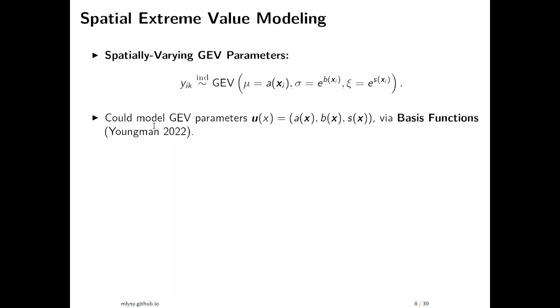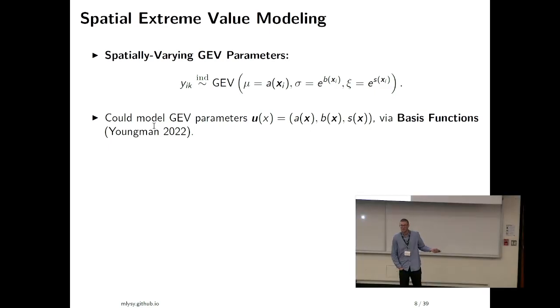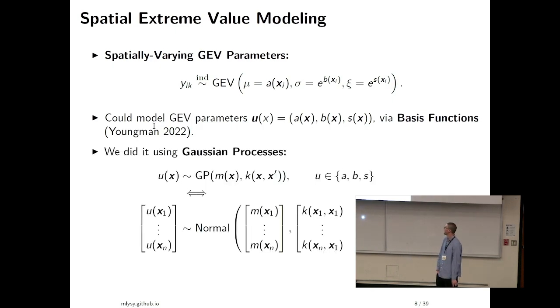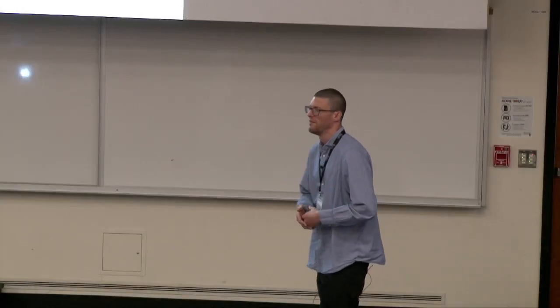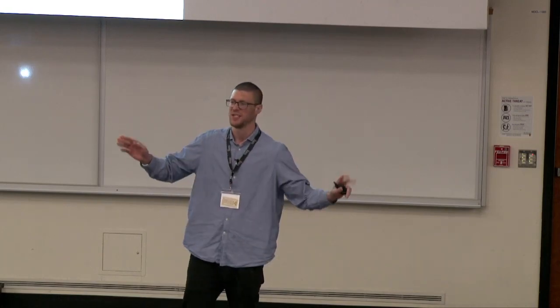All right, so how are we going to do the spatial modeling? Well, you could do it using basis functions. That's great. We decided to do it using Gaussian processes. To me, a pretty natural way of doing this. So just a very brief primer on Gaussian processes. A Gaussian process is some process indexed by whatever.